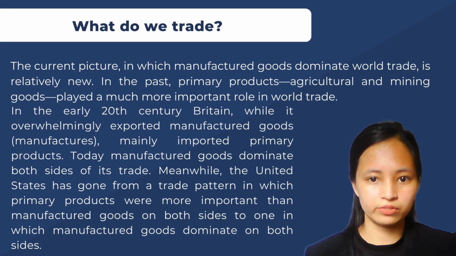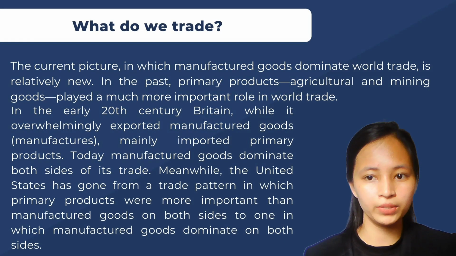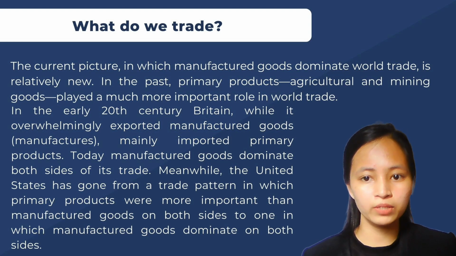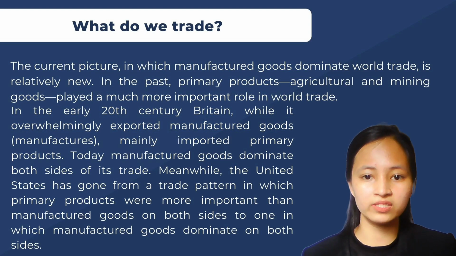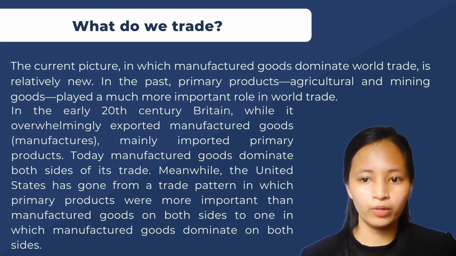The current picture, in which manufactured goods dominate world trade, is relatively new. In the past, primary products, agricultural and mining goods, played a much more important role in world trade. Examples of mining products are oil and gasoline. In the early 20th century, Britain overwhelmingly exported manufactured goods and mainly imported primary products.